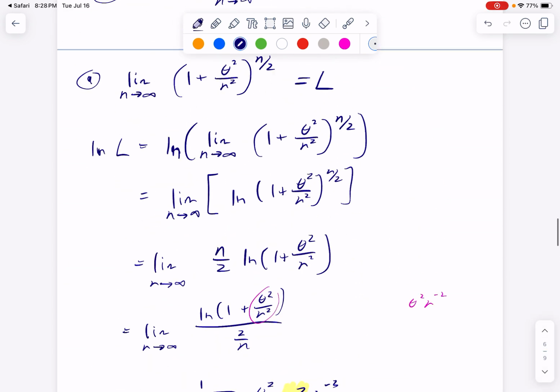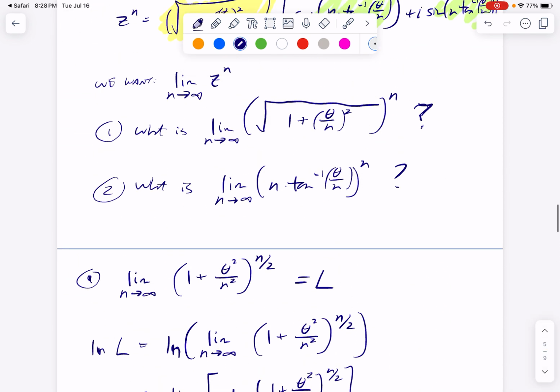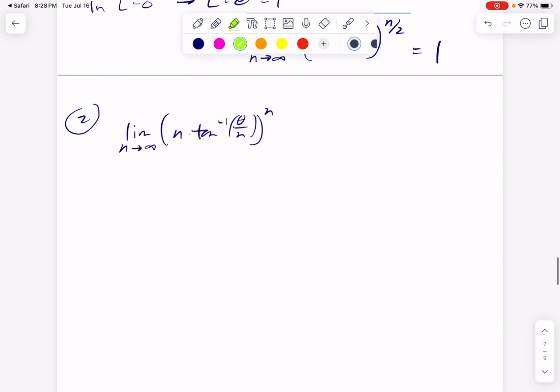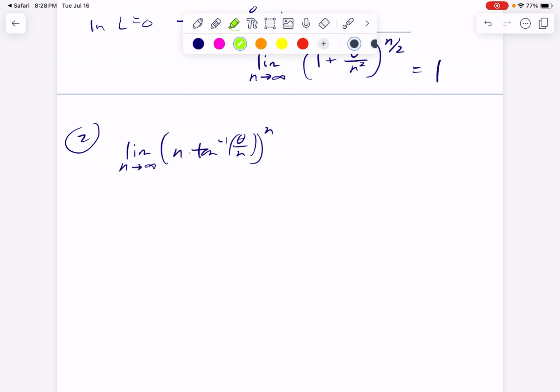That power of n is, yeah, that's just an error from before. That shouldn't be there. Sorry about that. We're just multiplying the original angle by n. So this should not be here.